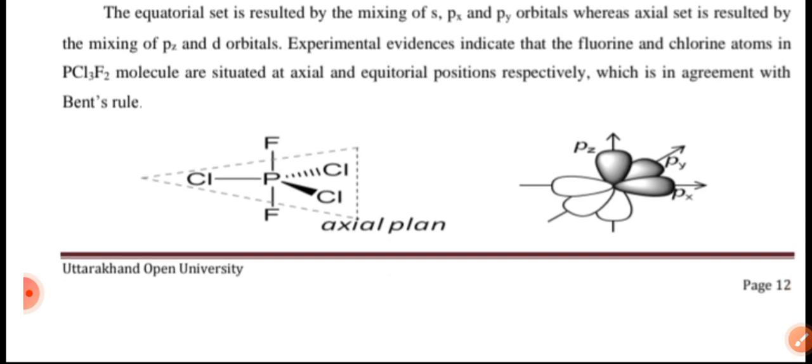The equatorial set results from the mixing of s, px and py orbitals, whereas the axial set results from the mixing of pz and d orbitals. Experimental evidence indicates that the fluorine and chlorine atoms in the phosphorus trichloride difluoride molecule are situated at axial and equatorial positions respectively, which is in agreement with Bent's rule.